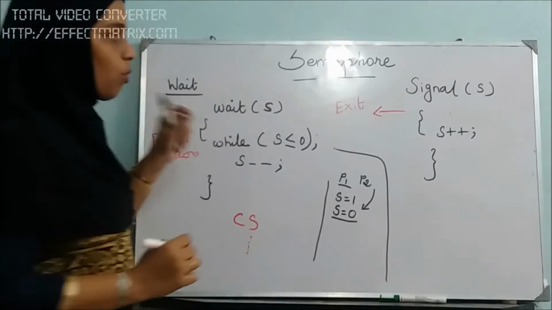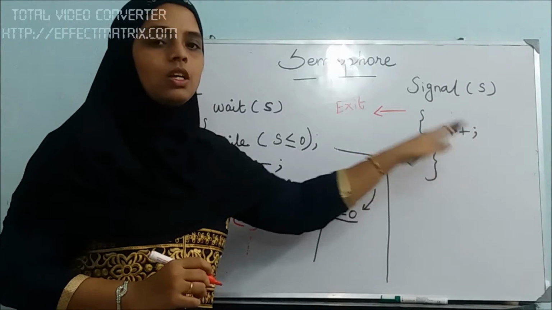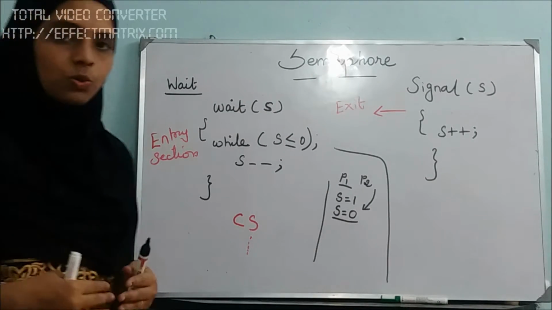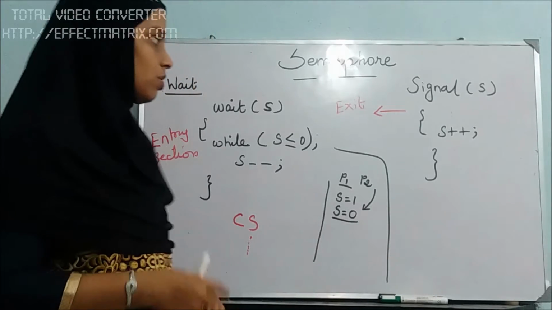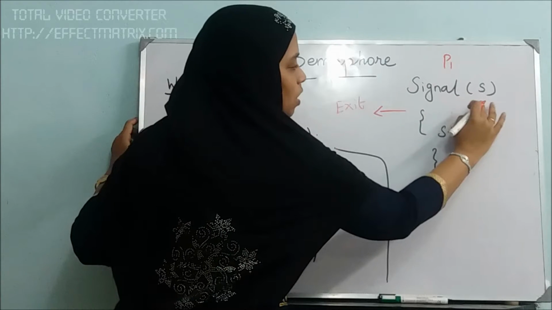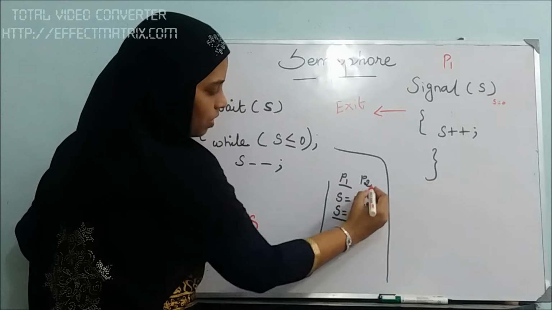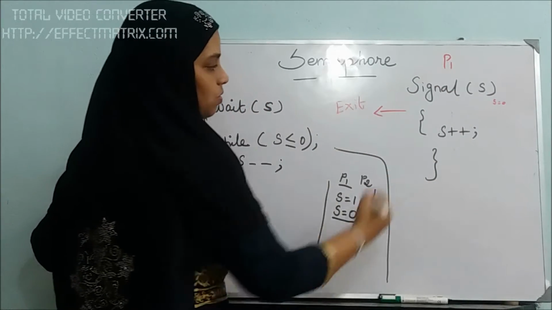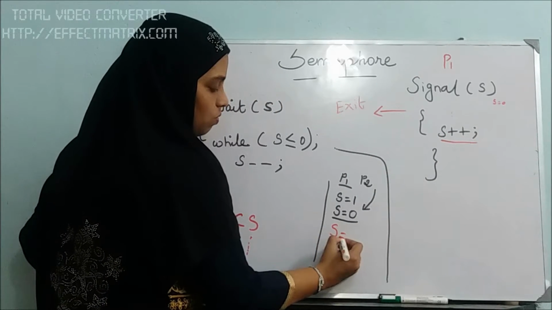So when process P1, for example, enters the signal operation, it wants to exit from the critical section and also give a chance to another waiting process. Now P1 enters signal of s, and the s value, as we know, is 0. Since it wants to exit from its execution, it automatically increments the s value, so s changes into 1.